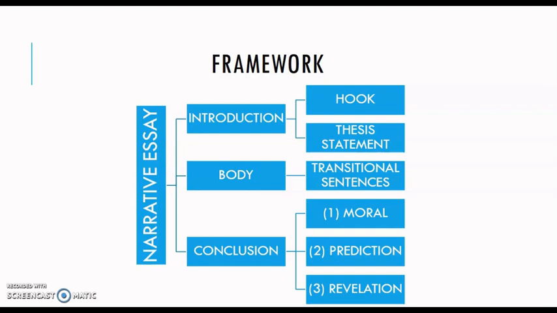This prediction is something that the writer thinks will happen after the story, or even a revelation, a reason why something happened in the story that was hidden until the conclusion, and we come to learn only at the end. And that is a very nice resource a writer can use, because it keeps the reader waiting until the very end to learn what actually happened, maybe at the beginning or in the middle of the story.